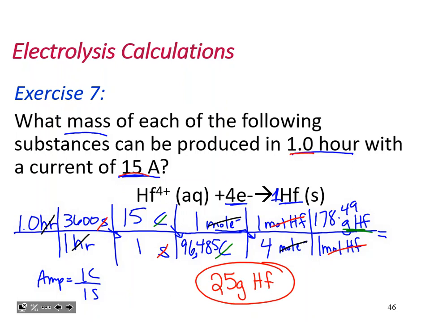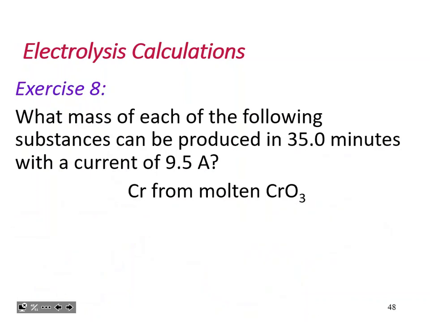So that's one example. They gave you the half reaction, so you didn't have to figure out the moles of electrons, which is nice. Because in this next one, they don't give you the half reaction. They do tell you the time. They do tell you the amps, but they're saying you're going to make chromium metal from molten chromium oxide here.